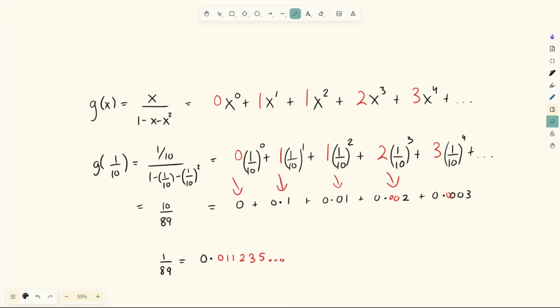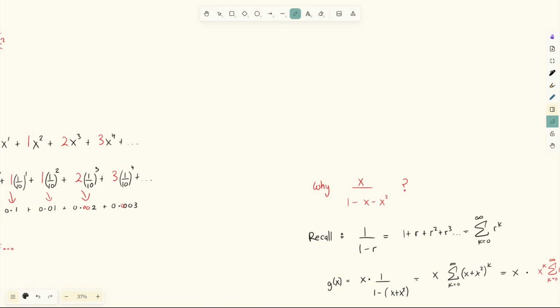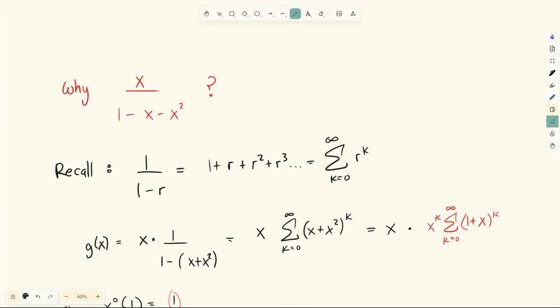But what this tells you is that if you look at, for example, the number 1 over 89, in some way it encapsulates the Fibonacci sequence as just its decimal places. So 0, 1, 1, 2, 3, 5. It breaks down after that because then you get units carried over and so on, but it works so efficiently. It's magical.